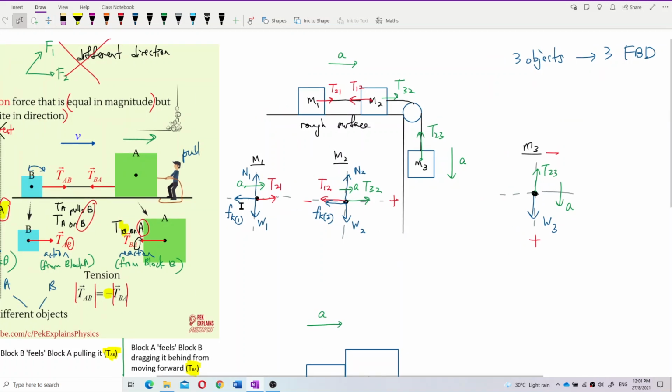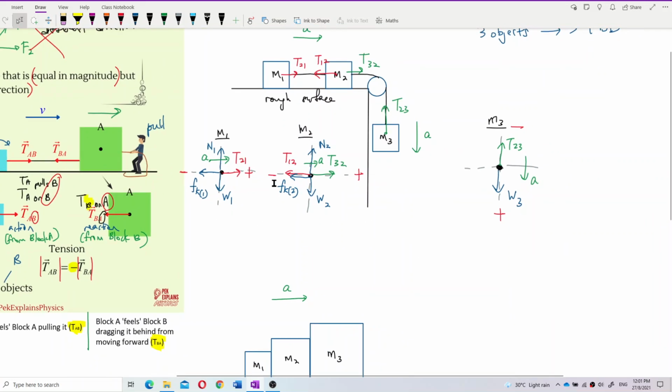Mass 1 also, follow acceleration is positive, opposite acceleration is negative. Then we apply the formula here. We need to build the equation F equal to ma.